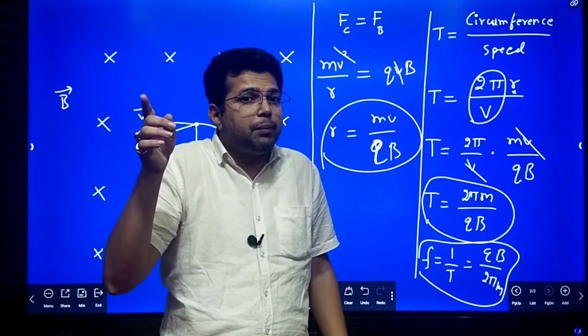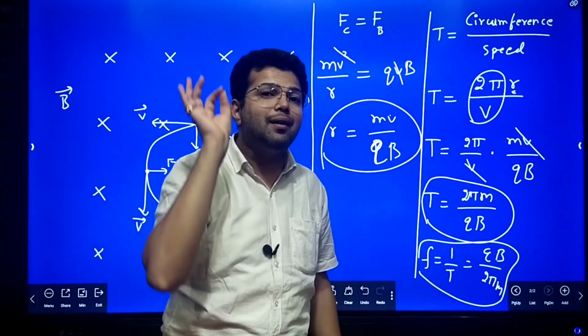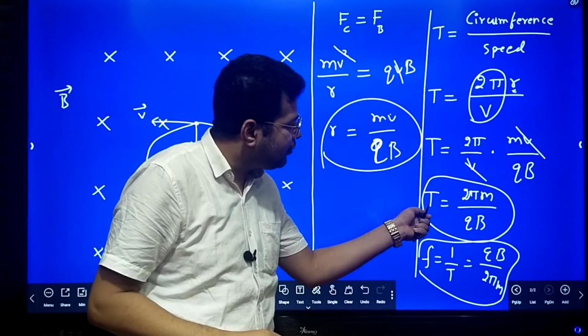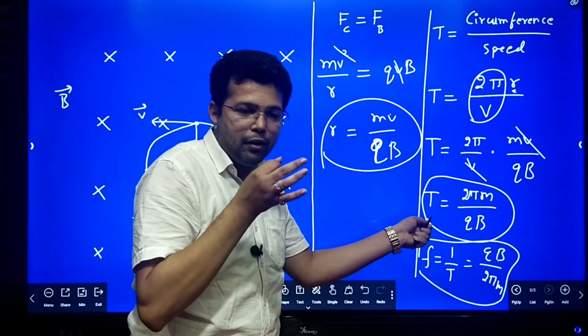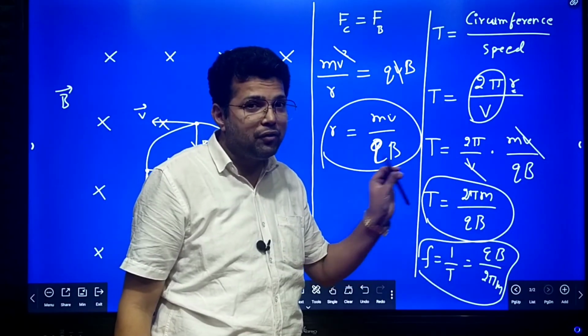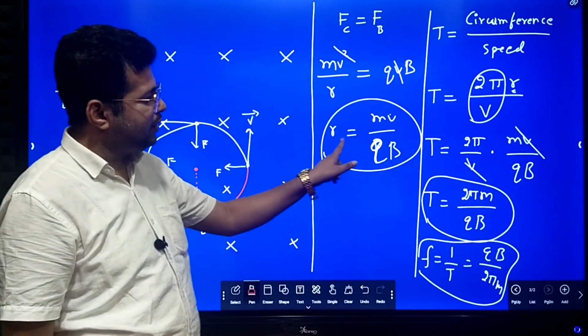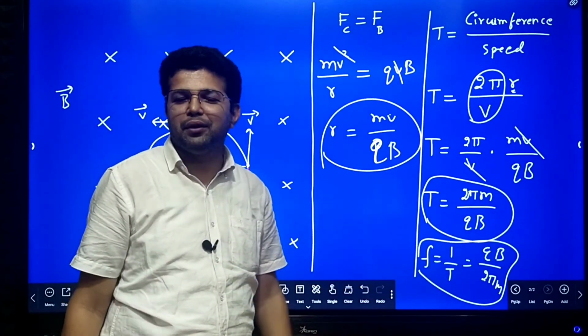If you fire the charged particle with very high velocity, then it will go in a very big circle, but it will take the same time. Time period of revolution of a charged particle in a uniform magnetic field is independent of velocity of the charged particle. Hope you understood the derivations, radius, time period, frequency. Thank you very much.